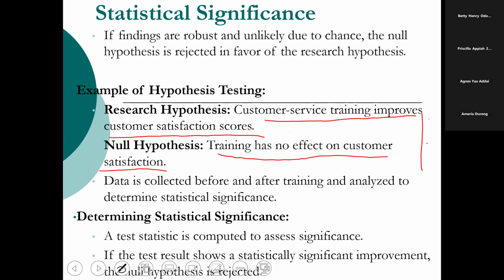To test this, ladies and gentlemen, we need to collect data. Remember, organizations do not base their decisions on descriptive statistics, mean, standard deviation, frequencies. No. That is not what organizations base their decisions on. Cow Bank, GCB, maybe they are looking at performance, and then they conduct a study.